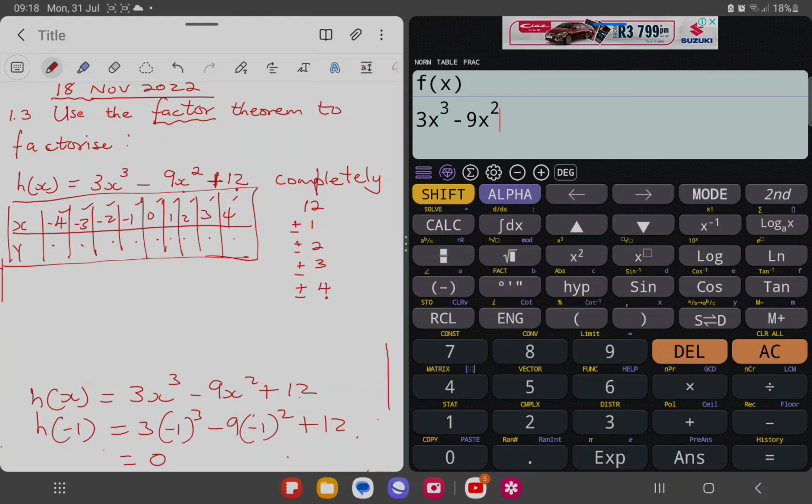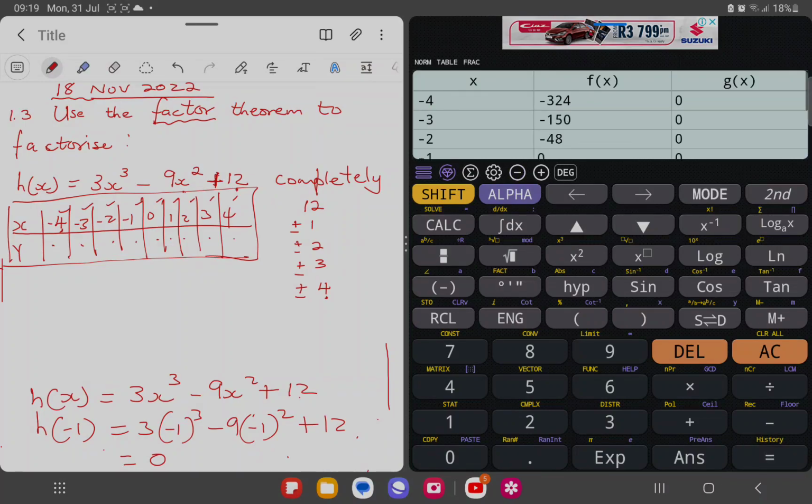And then you go out again, plus 12. Then you press equal to. Some calculators will ask for g of x. We don't need a g of x, just press equal to. Then what is your start? Your start is minus 4. If it was not there, you just put a minus 4 and press equal to. Your end is 4, then you press equal to again. Your step is 1. Press equal to after that.